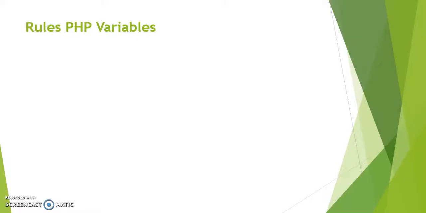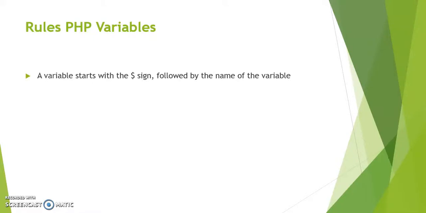Rules for PHP variables. Let's just say variables as a whole, because so far the variable rules I've come across on different platforms are the same, if not almost the same. A variable starts with a $ sign followed by the name of the variable.